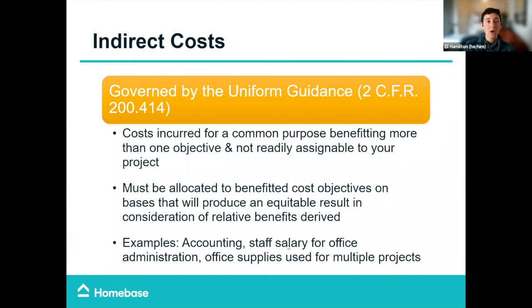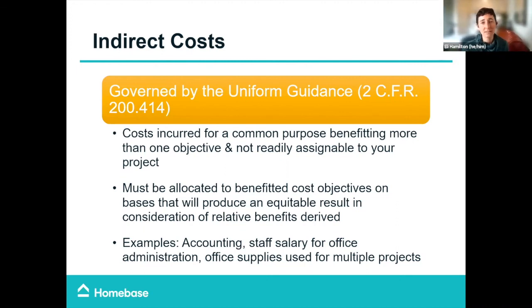Indirect costs are available for Continuum of Care program grants. In the federal grant universe, indirect costs mean those overhead, general agency, how-you-keep-the-motor-running type things.